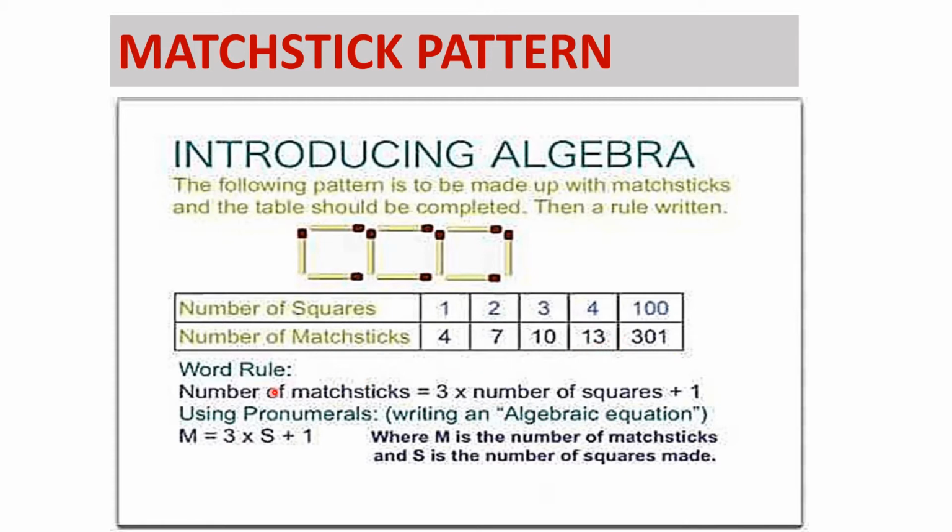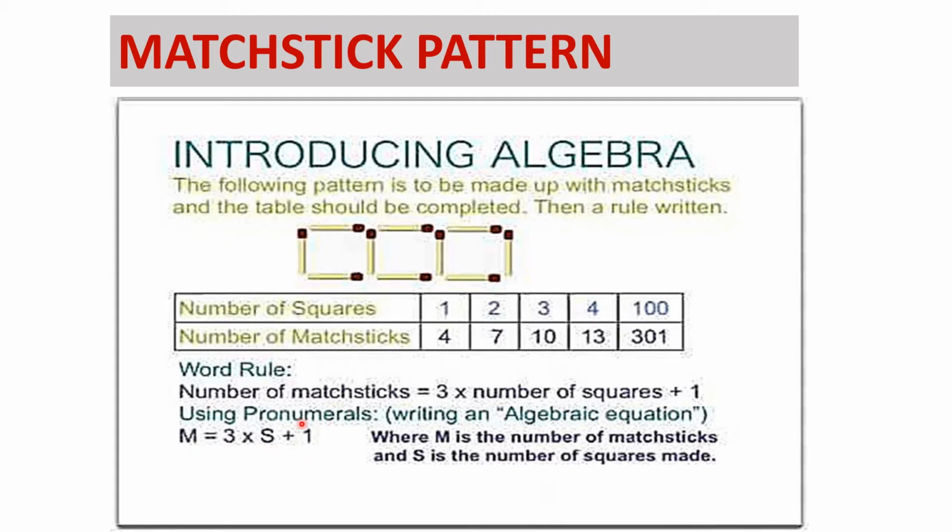So by a general rule or a general formula, you can find the number of matchsticks for as many squares as required. You just apply the formula and find out the number of matchsticks that will be required for the number of squares. Now you can see here, these are English alphabets, M, S; you are representing these by letters.